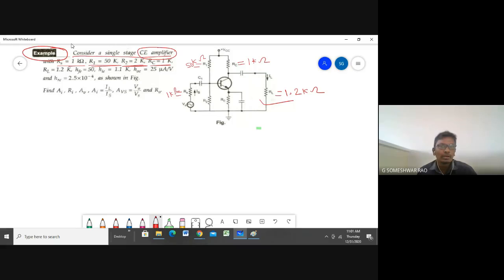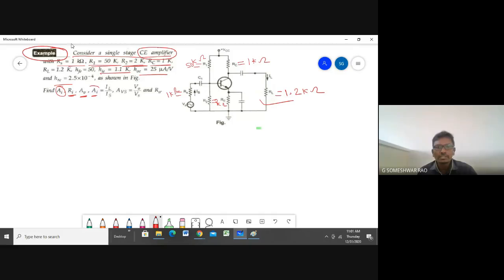RE is not given, so no problem. R1 is given, and R2 is 2 kilo ohm. It is given. So HIE, HOE, HRE, HFE are given. What is being asked? Just go through AI, RI, AV, and so on.